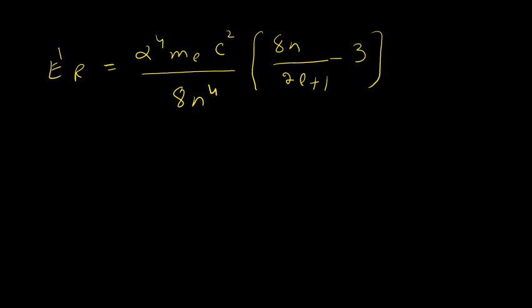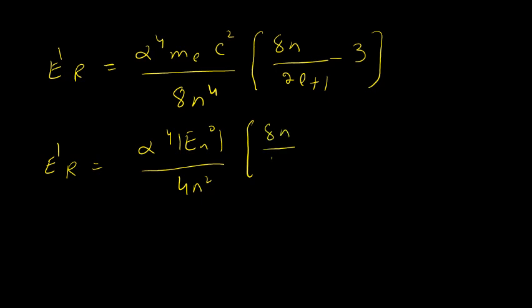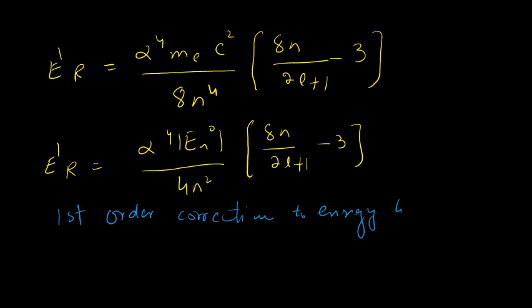Again I can write it as E1r equal to alpha^4 En naught divided by 4n squared, into (8n divided by (2l plus 1) minus 3). So this is the first order correction to energy due to the relativistic effect.